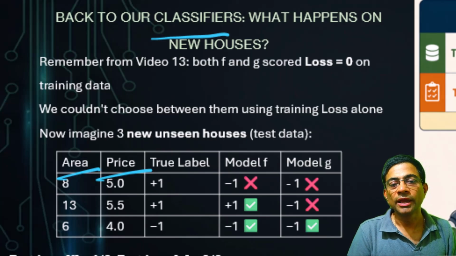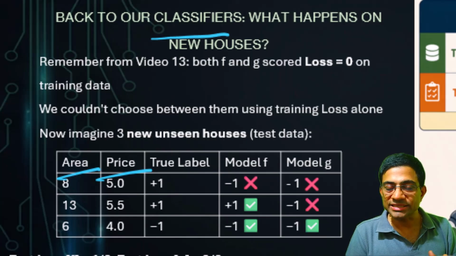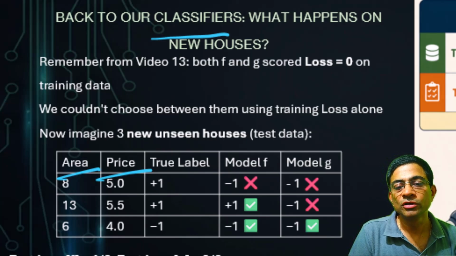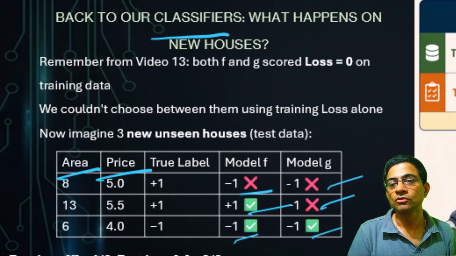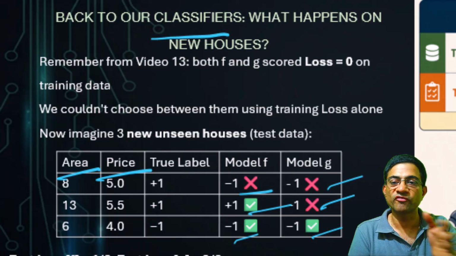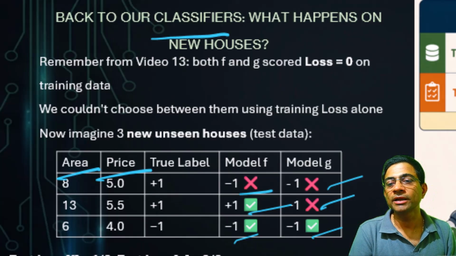Now let's see in the test data, model F scores 2 correct and 1 wrong, and model G here scores 2 wrong and 1 correct. So basically in the training data, both F and G got 0, 0. That means they were perfect. But in testing data, F got 2 correct and G got 1 correct.